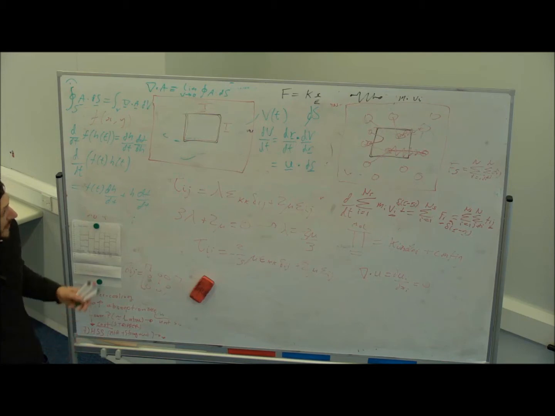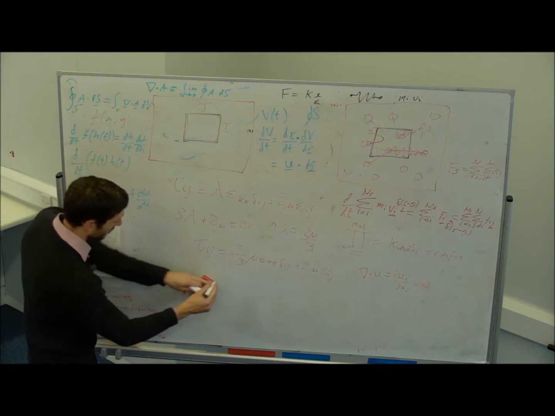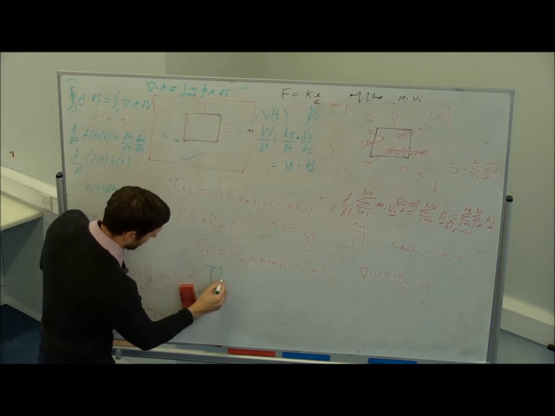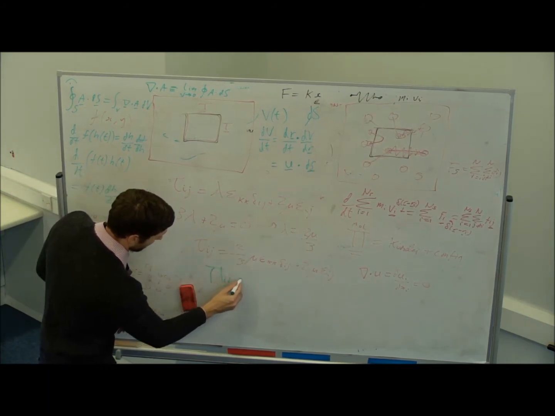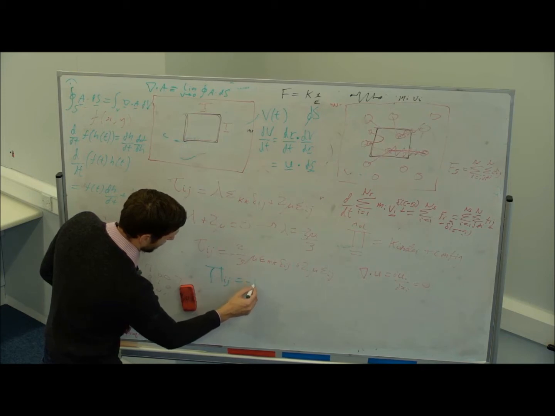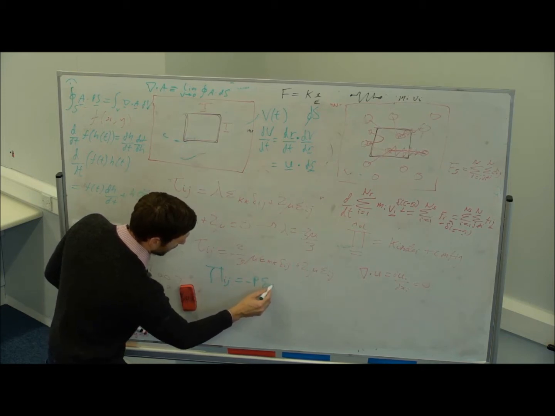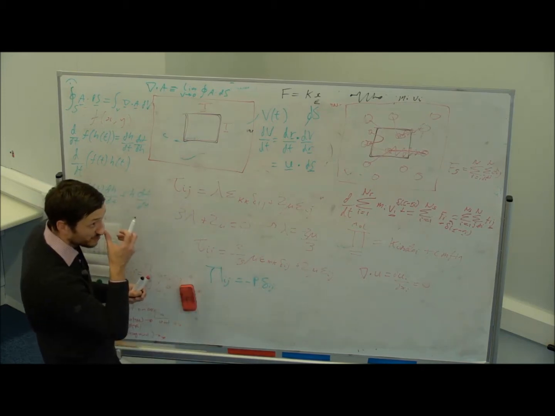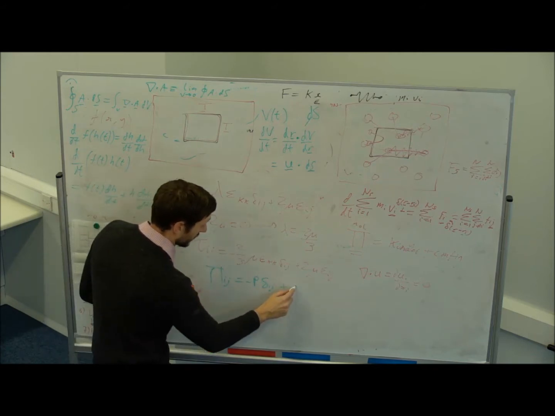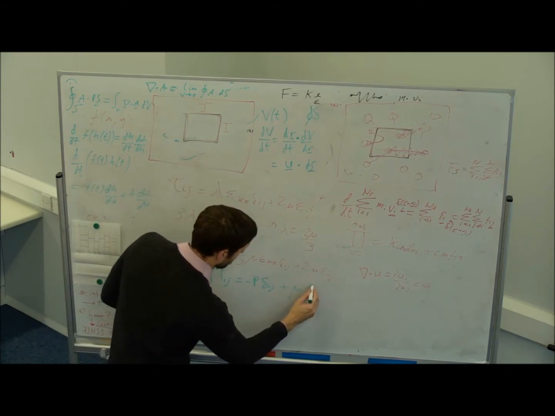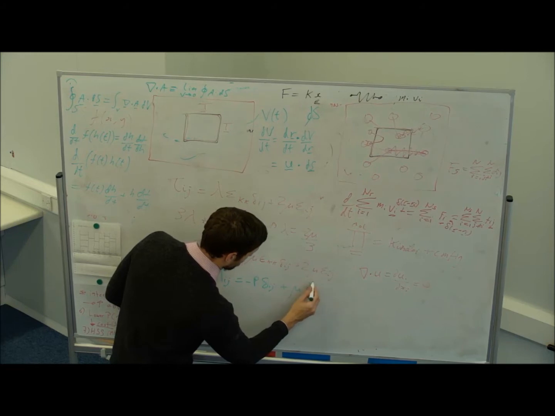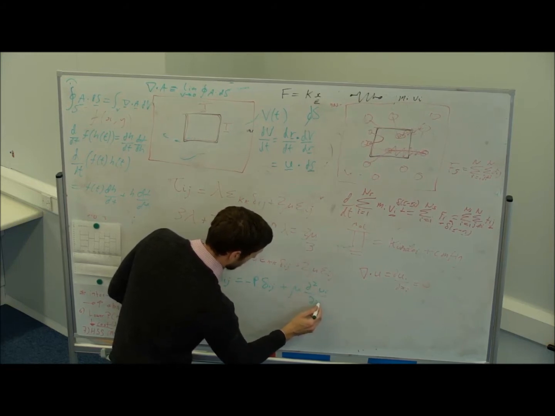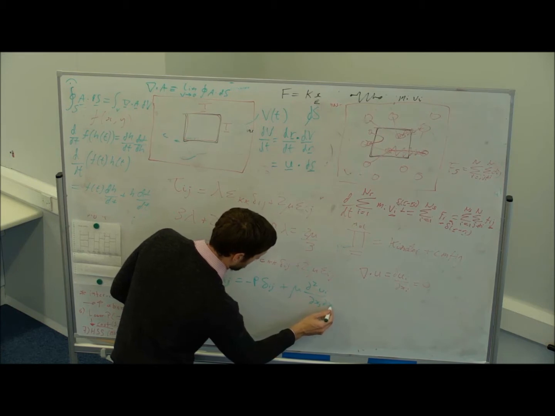Okay, so what that means is we can then re-express the original form that we wrote, that was, if you remember, π_ij, which is equal to minus p times this identity matrix. It's just the diagonals of the tensor, plus mu ∂²u_i/∂x_j∂x_j.